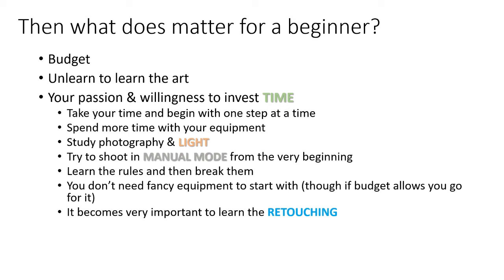So what really does matter for a beginner? These are the things which really matter: you should have the passion for photography and you should have the time to spend on photography. If you're new to photography, you might spend hours a day to practice it and get to know your camera. Then you should have a very good understanding of light, how light behaves, and what the different properties of light are.